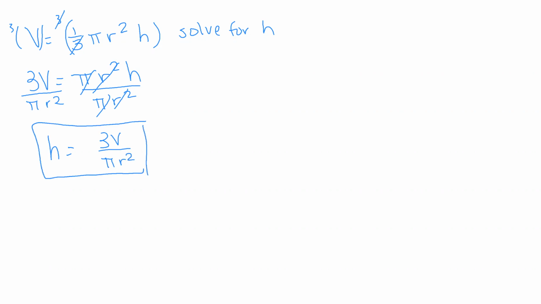Now the question could be find h when the volume is 75 pi and r is 5.